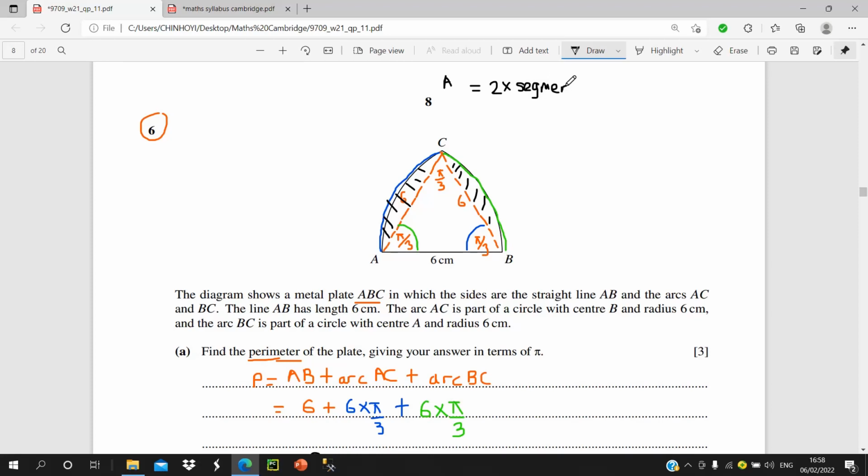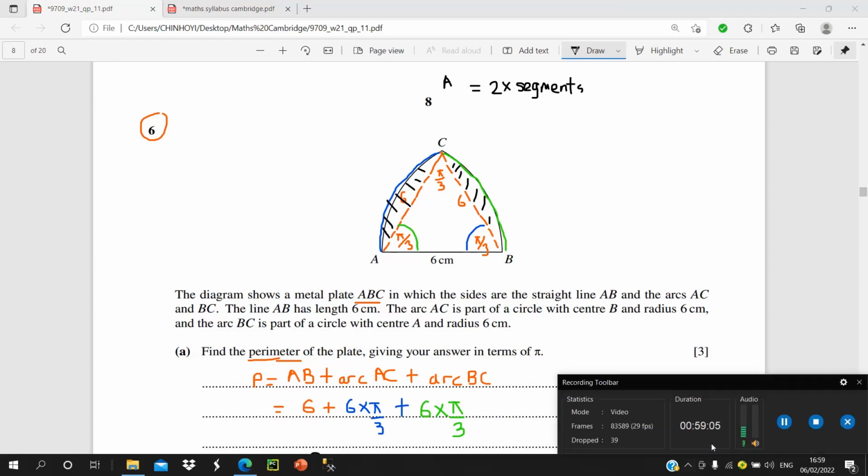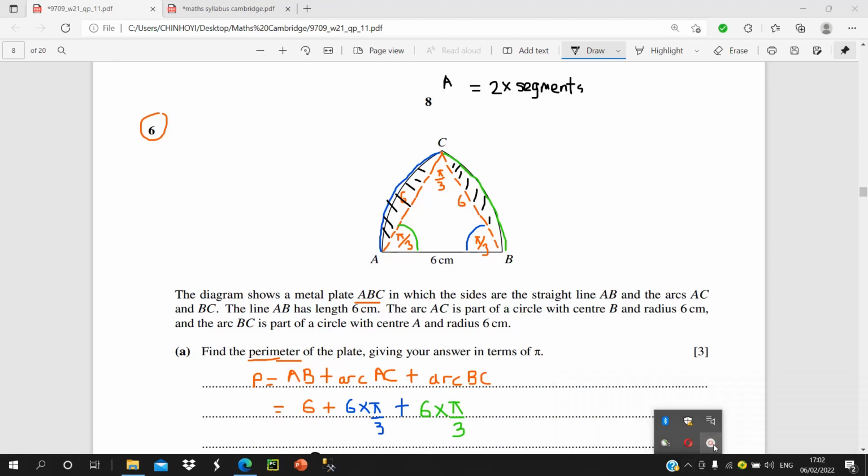So the area is 2 times the area of the segments, plus the area of the triangle ABC. So we are going to say it's 2 times, what is the area of a segment?